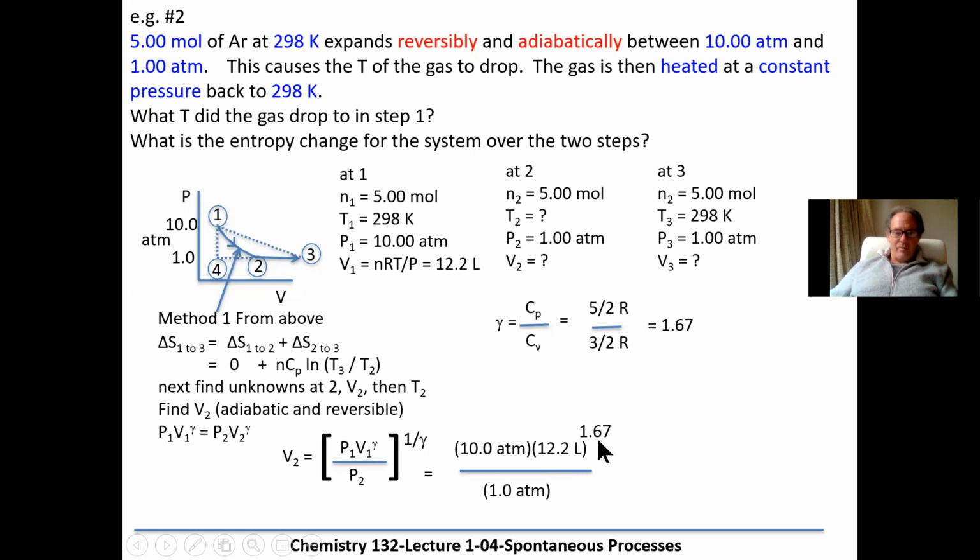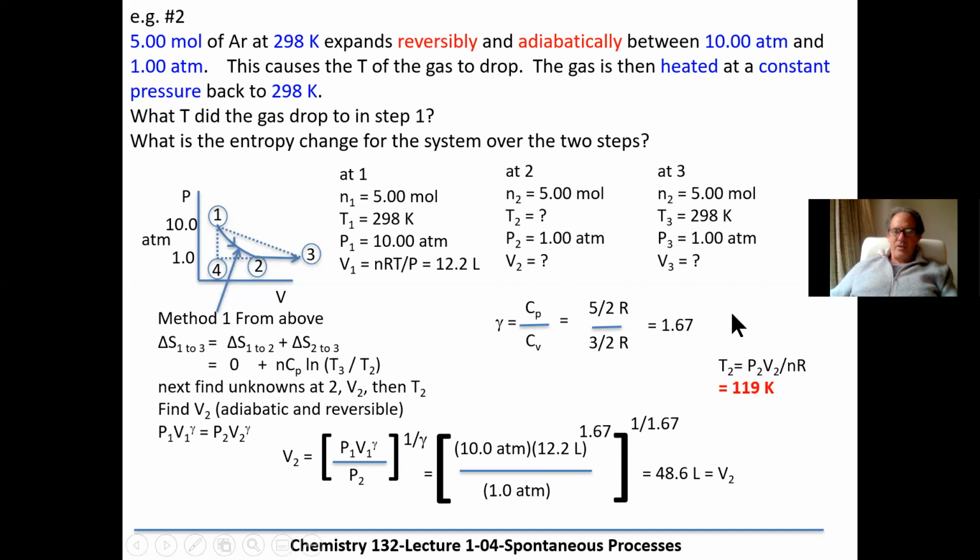We raise it to the power of 1 over 1.67 to solve. Okay. So when we do the math, we end up with 48.6 liters is equal to V2. So we've solved for V2, and that's going to help us.